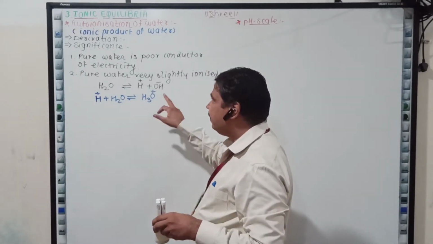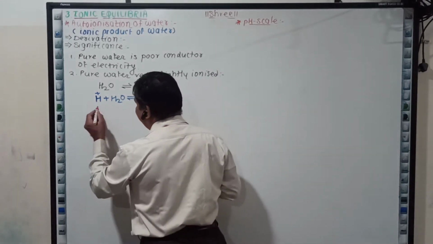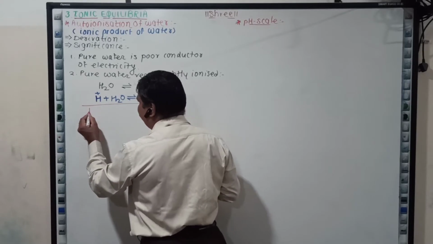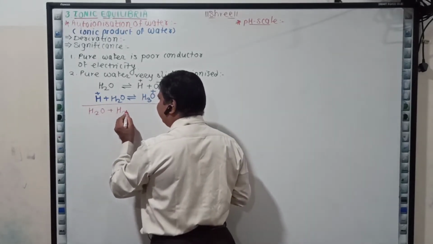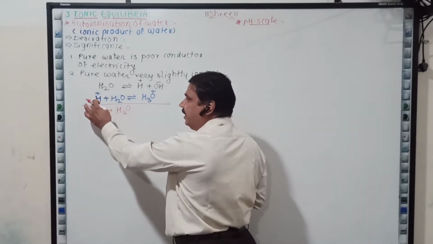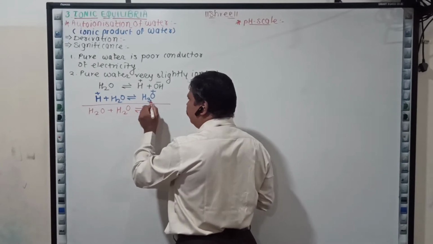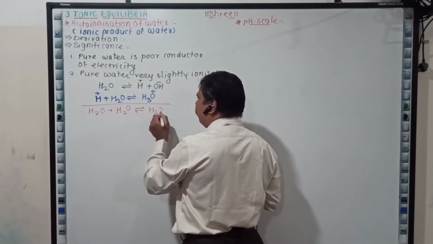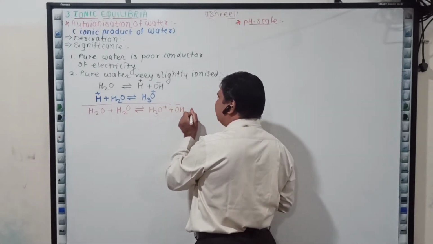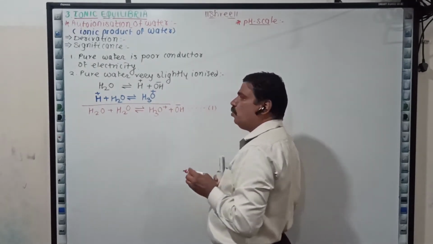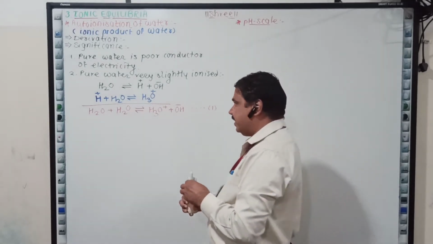When we add these two reactions, we get net reaction is H2O plus second molecule of H2O. H plus from left side is cancelled by right side. Slightly ionized to H3O plus OH minus, equation 1.